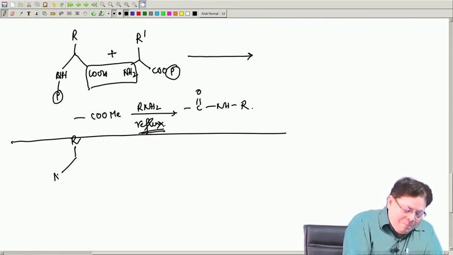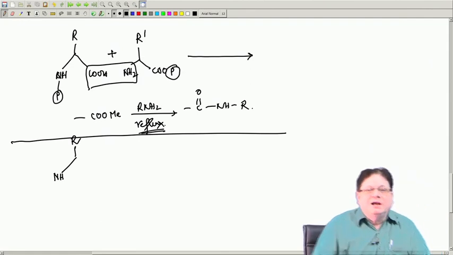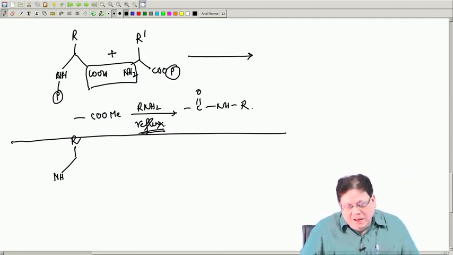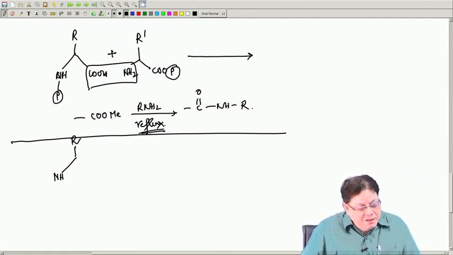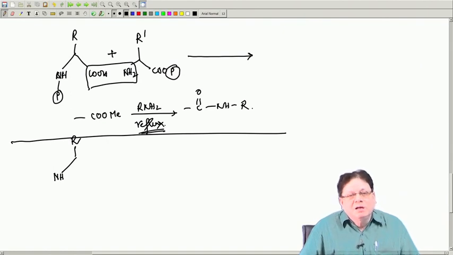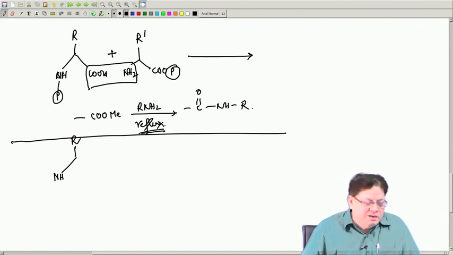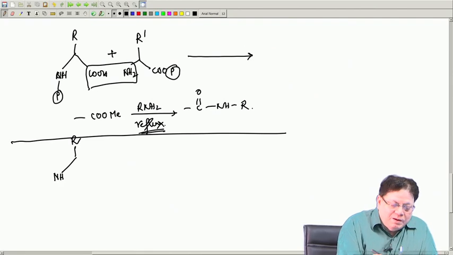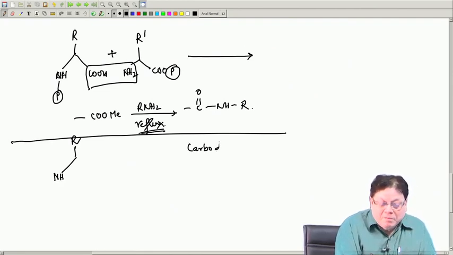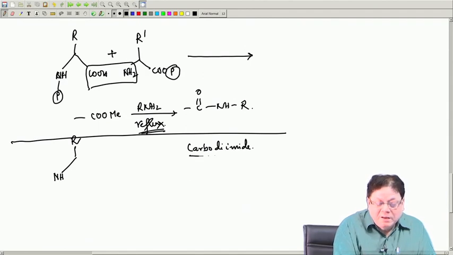And one scientist, John Sheehan, he was at MIT, the Massachusetts Institute of Technology. So, he developed a reagent which was called carbodiimides. Now, what is carbodiimide?